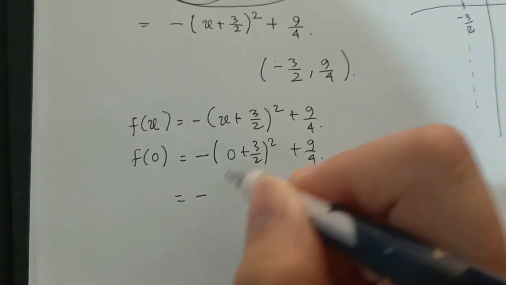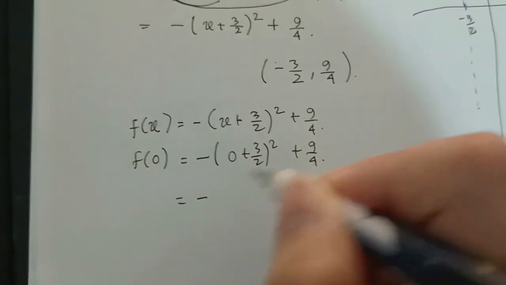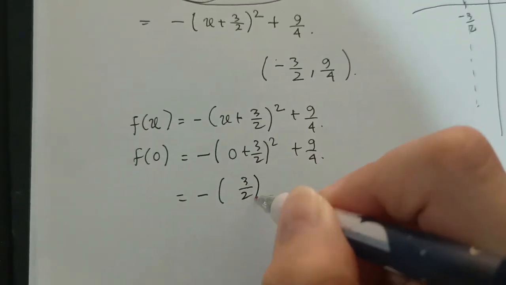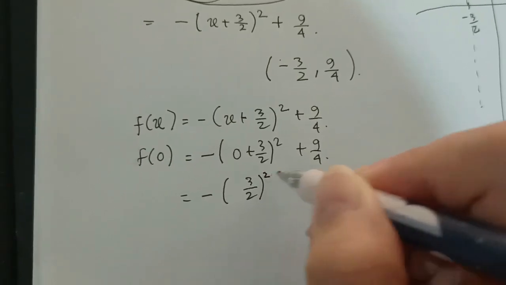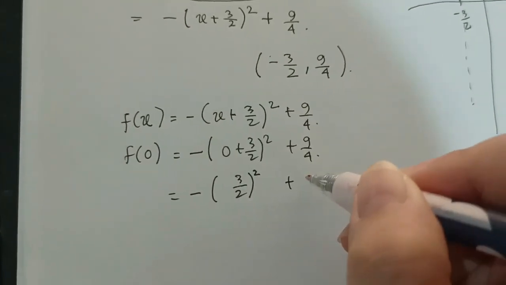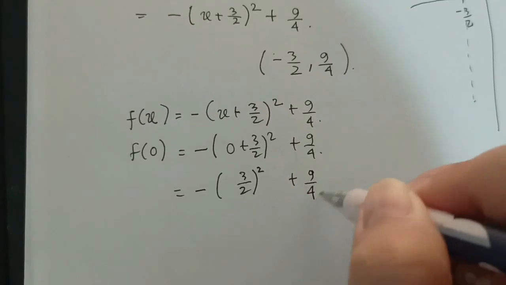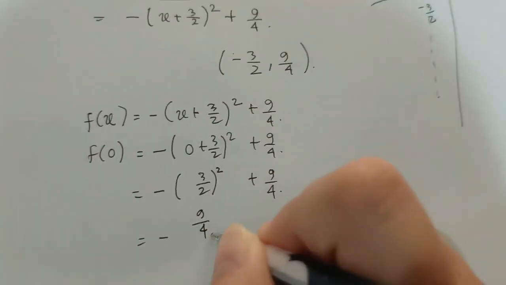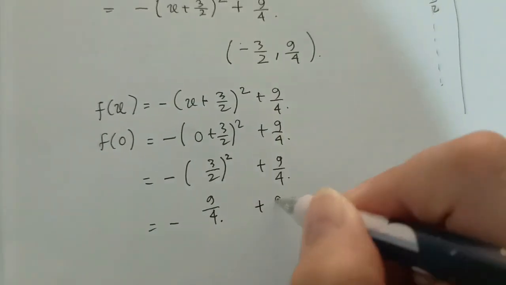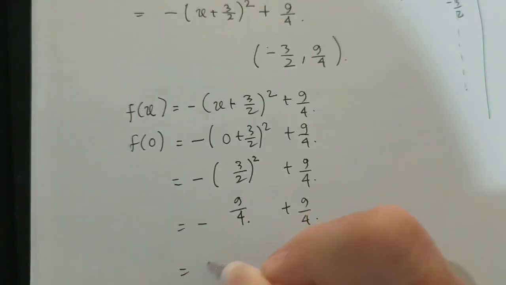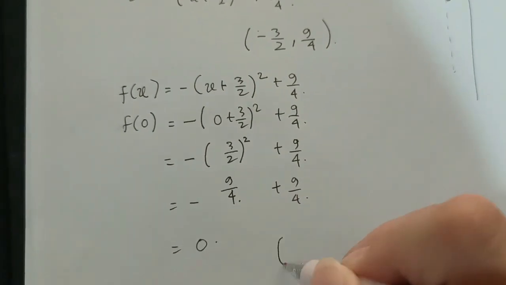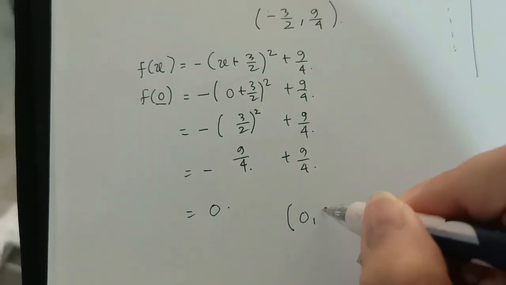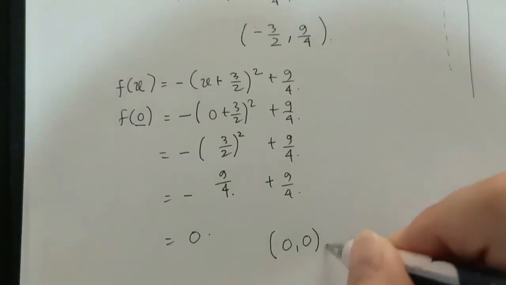Minus, 0 plus 3 per 2 is 3 per 2 quadrat, plus 9 per 4, minus 9 per 4 plus 9 per 4 is 0. So the coordinate will be 0 comma 0.